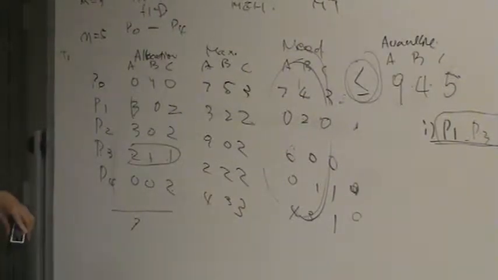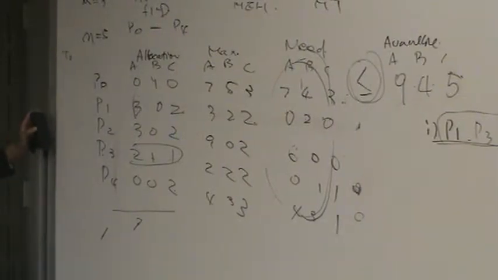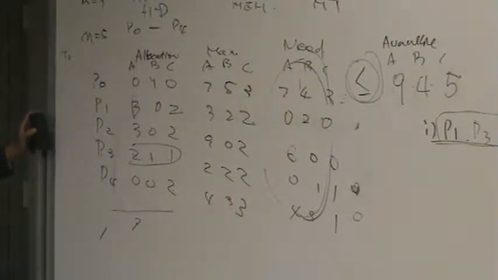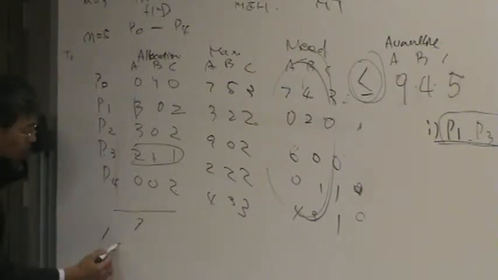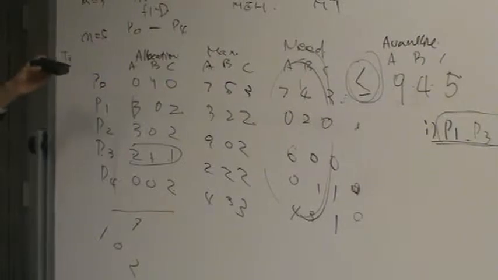Then at this time, what if process 1 requests one more resource A, and 2 more resource C, which means 1 more hard disk drive and 2 more magnetic tape. This is a request.